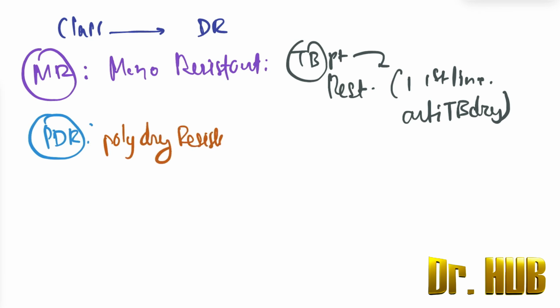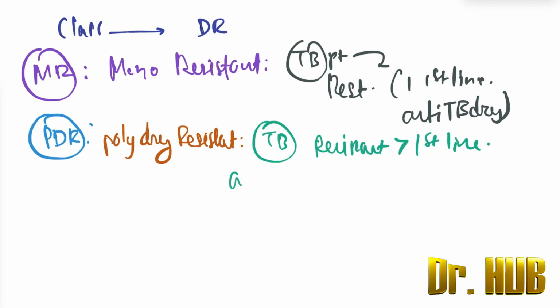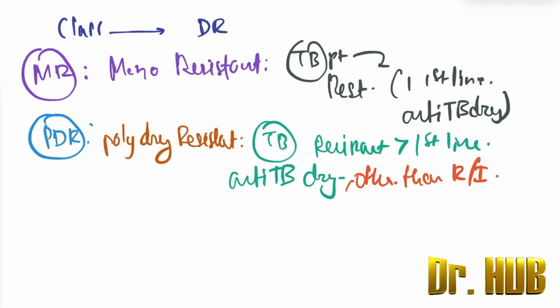This is a TB patient who is resistant to more than one first line anti-TB drug other than rifampicin and isoniazid.